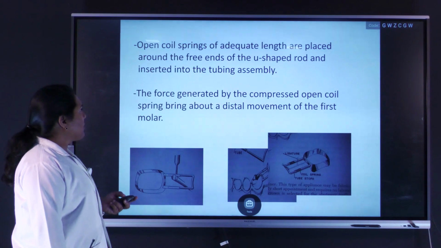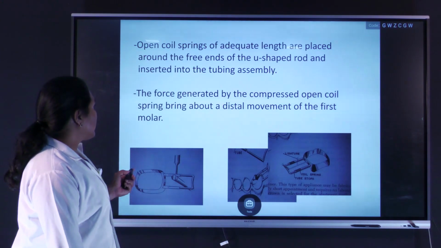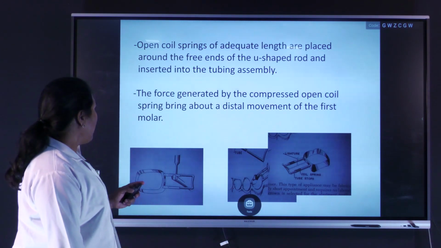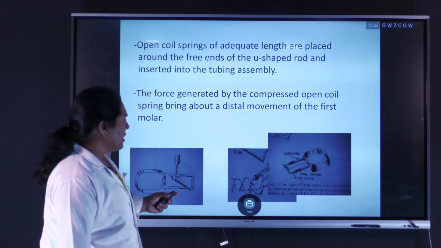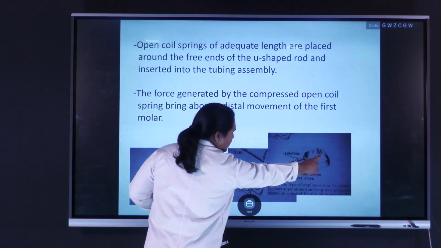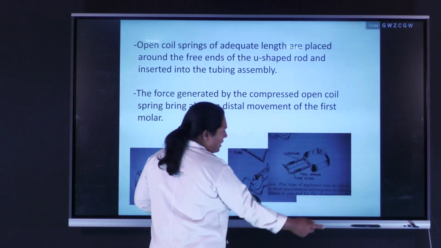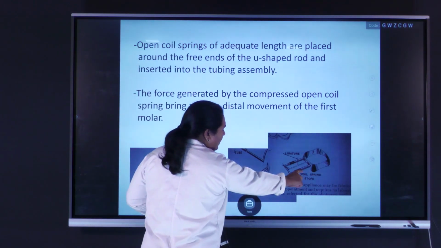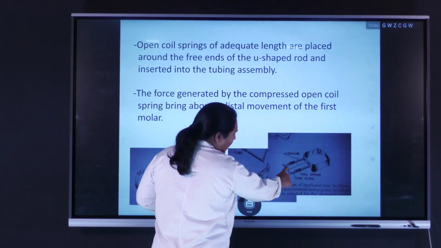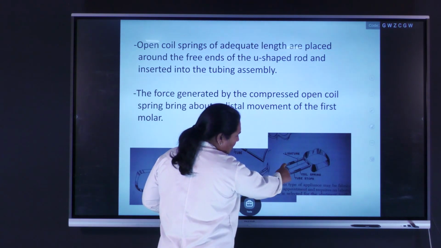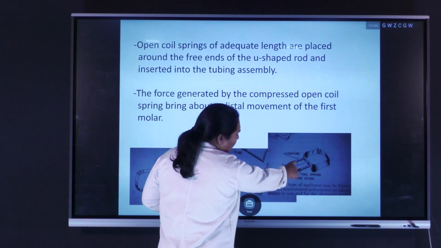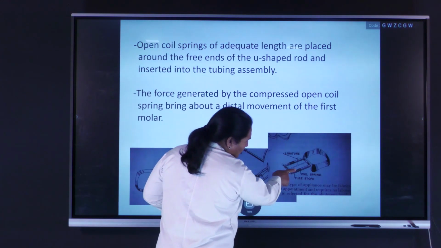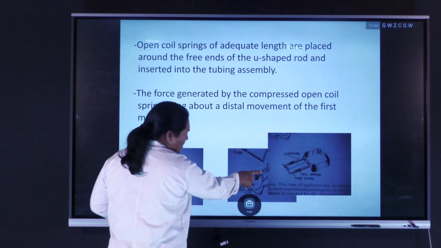Open coil springs of adequate length are placed around the free ends of the U-shaped rod and inserted into the tubing. This tube is placed onto the tooth structure, this part is welded to the band, and a U-shaped stainless steel wire wound with a coil spring is inserted into this hollow structure.